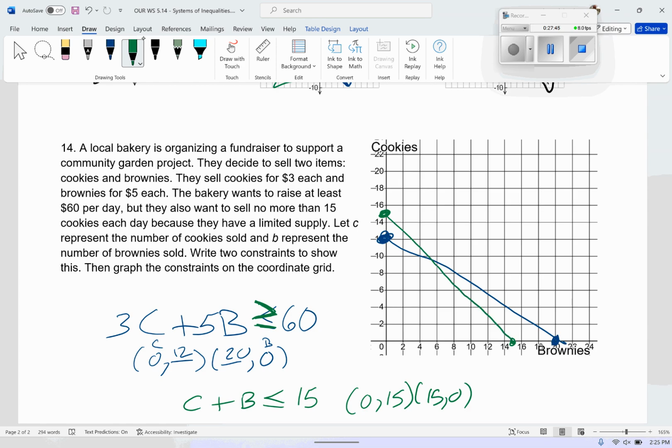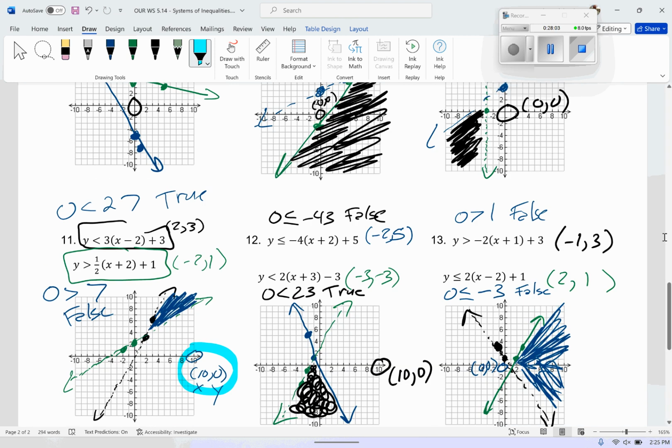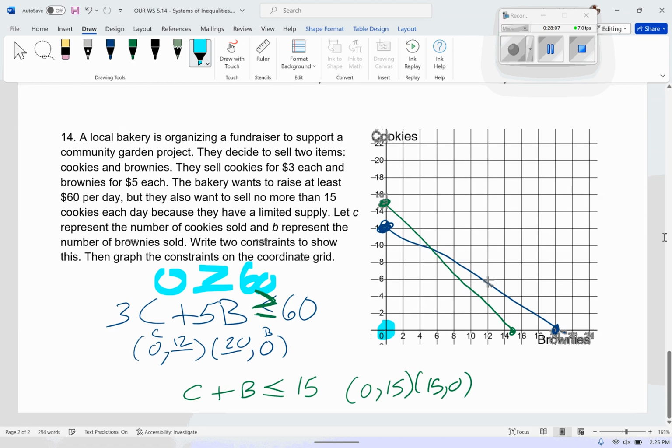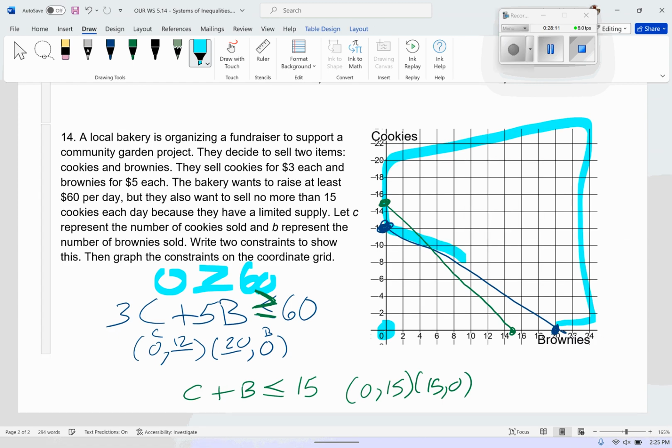All right. Write the 2 constraints. We got them. Then graph the constraints on the grid. All right. 0, 0 sounds good. Agree? Is 0 greater than 60? No. So I'm going to shade this side of the blue.